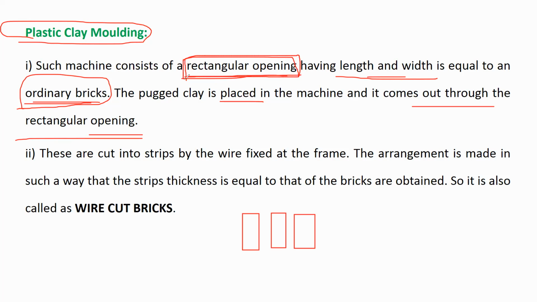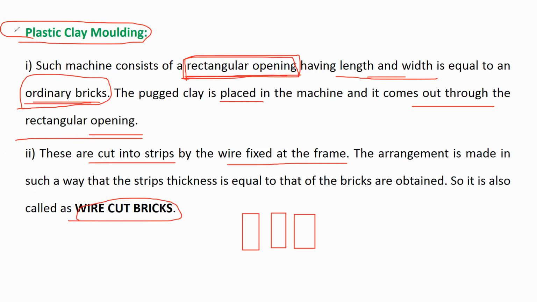These are cut into strips by wire fixed at the frame. There will be one wire. When the length of the brick gets finished, it will cut the brick, and then the brick gets separated. The arrangement is made in such a way that strips with thickness equal to that of a brick are obtained. So it is called wire cut bricks.